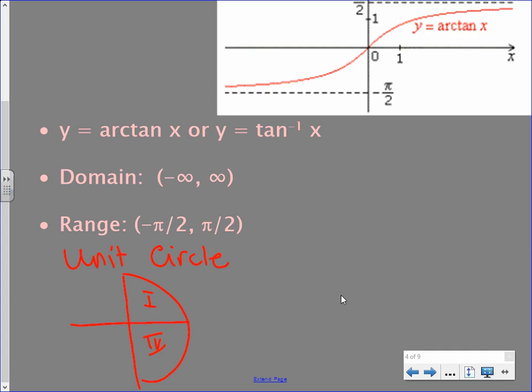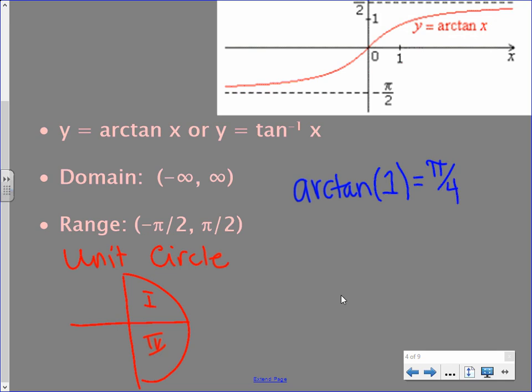Yes, the tangent ratio is going to be negative, but our angle measures will too. Okay? What do I mean by that? I mean, it's just like arc sine. If I ask you for the arc tangent of 1, which angle does that occur at? Okay. So we're going to stick in radians, pi over 4.